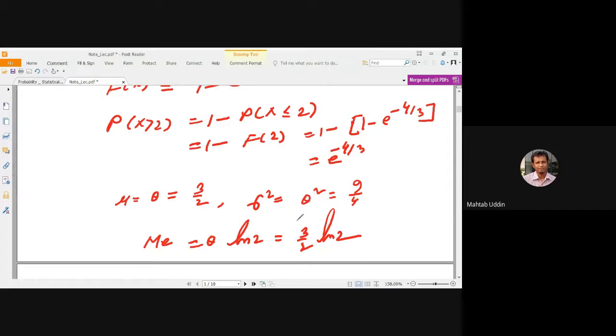Try this at home. So you should practice all sorts of properties. From the book, we'll give you some of them, not all.